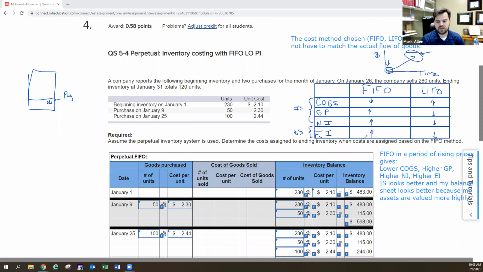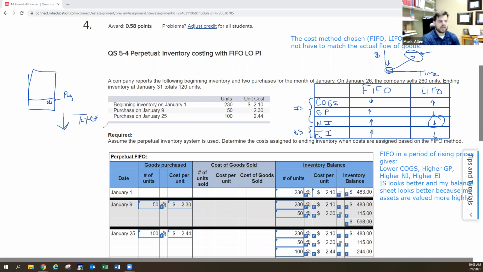Well, if under FIFO, I have a higher level of net income, then I'm paying a higher level of tax. So instead of doing that, I could opt for LIFO. It gives me the lower net income, which means I will pay less in taxes. So this is one reason a company may choose to use LIFO.